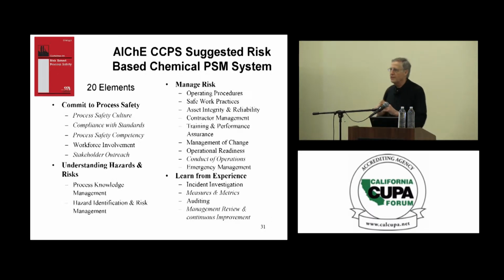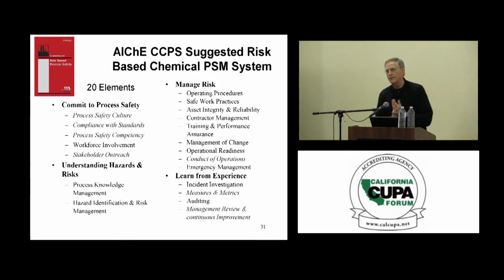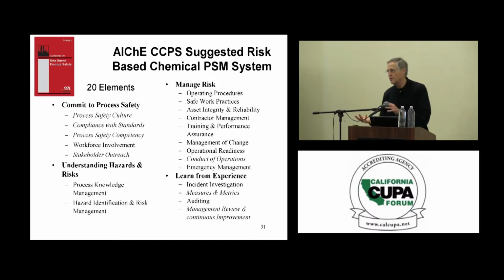Those that are shown in italics are those that are not under the OSHA PSM or EPA RMP, like process safety culture, like compliance with standards, and knowing exactly what standards apply, having a system in place to update your database when changes to standards are made so that you know why those standards were changed and if they're relevant to your operation and your risk management profile.